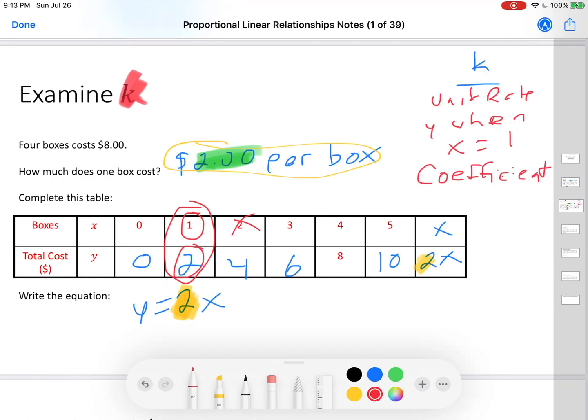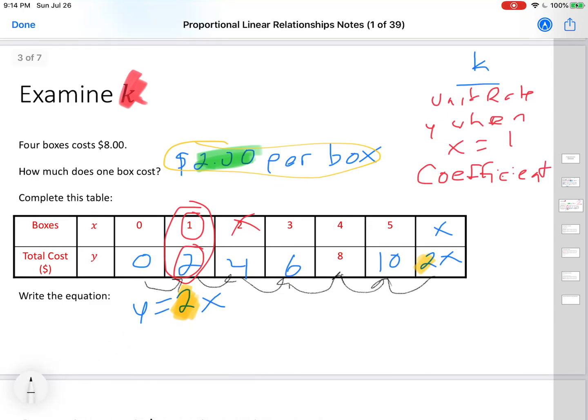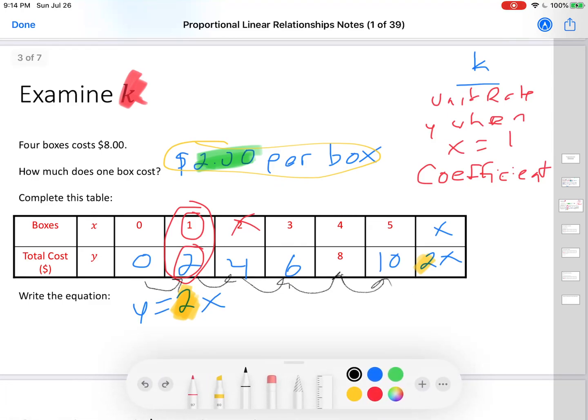There's another place. I kind of hinted at it when I filled in the table originally. How do you go from 0 to 2, 2 to 4, 4 to 6, 6 to 8, 8 to 10? Well, 10 to 2x, 2x doesn't have a value. Oops, get rid of that arrow. How do you get from those to those? You add 2, add 2, add 2, add 2, add 2.